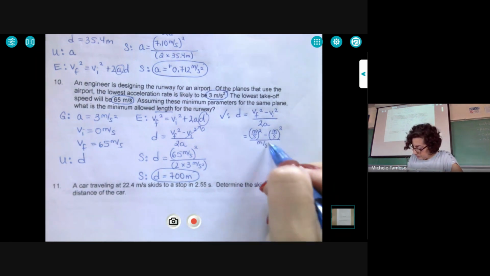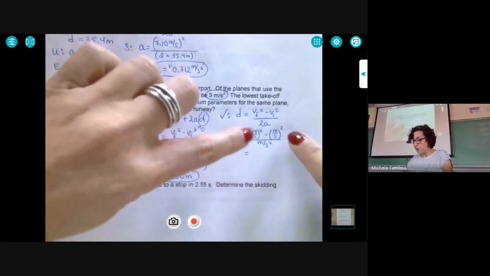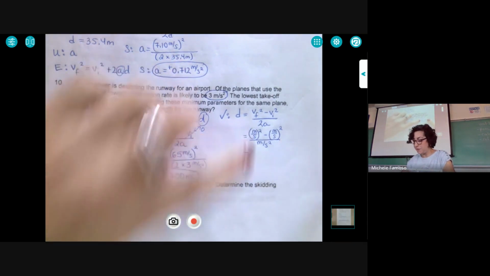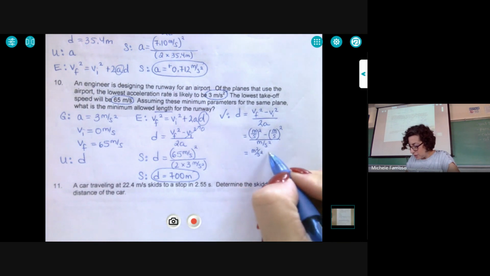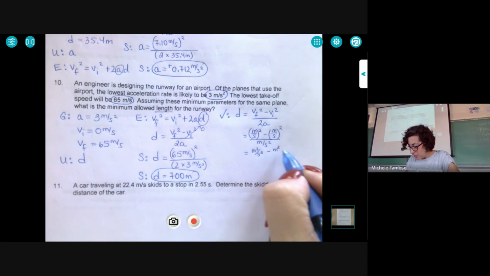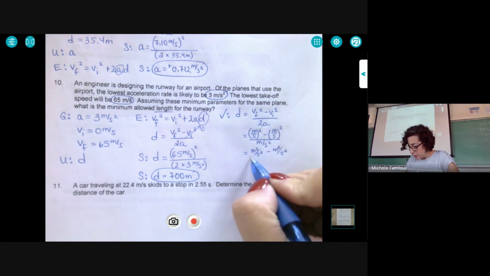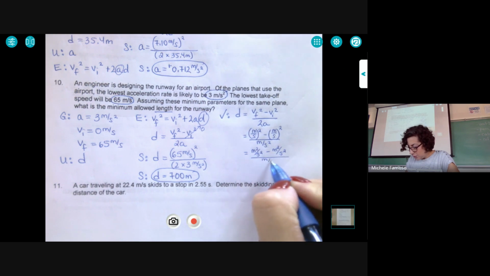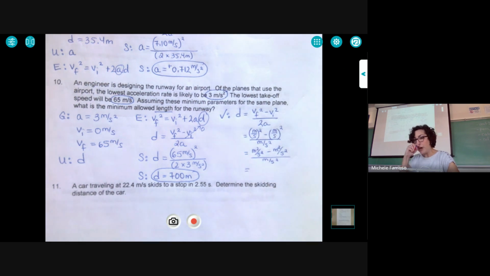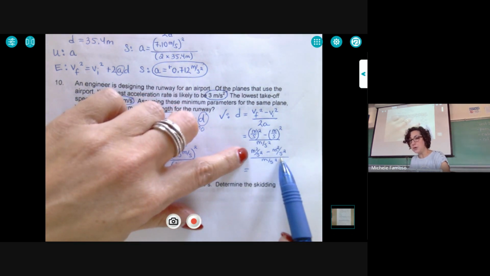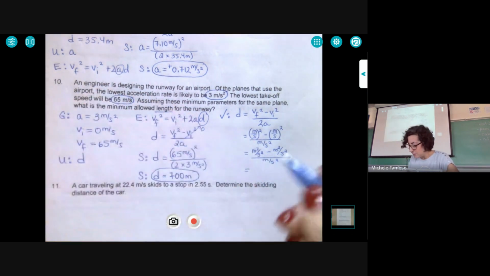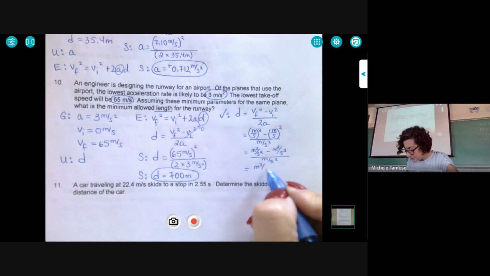Good. Now, we follow order of operations, which means you have to square those things out first. So that's meters squared per second squared minus another number of meters squared per second squared all over meter per second squared. Now, combine your numerators. If I subtract a number of these minus another number of those, we get the same units on whatever those numbers are.